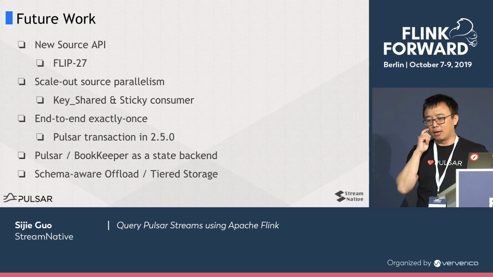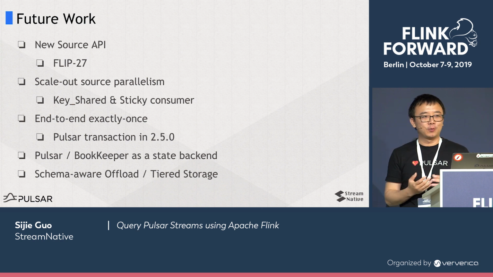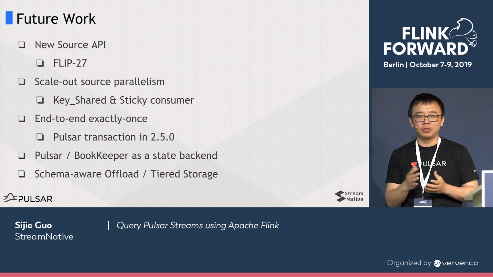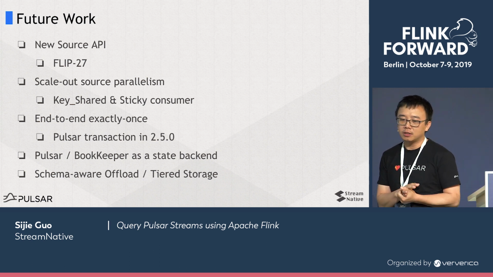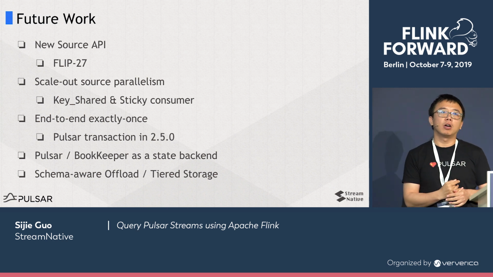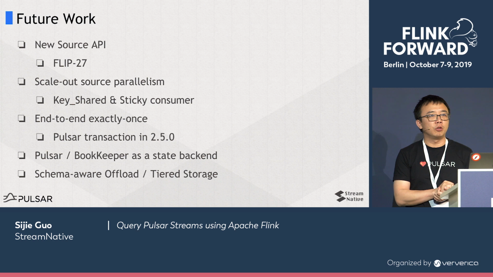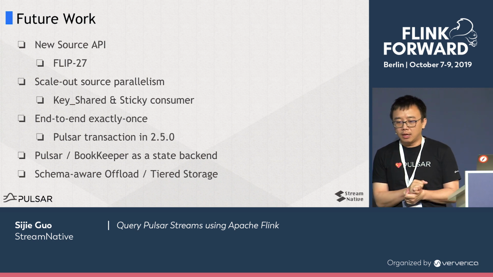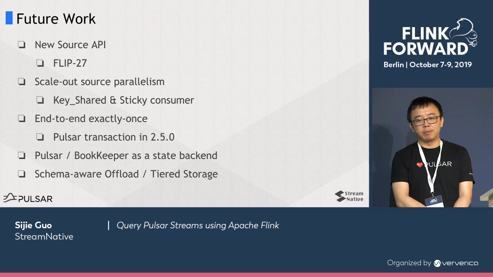But we still have a lot of work to do in the Flink and Pulsar integration. Recently, we have been trying to contribute our Pulsar connectors back to the Flink community, but there is pending work waiting for the new source API to fully leverage unified batch and streaming processing. The other items come more from the Pulsar perspective.